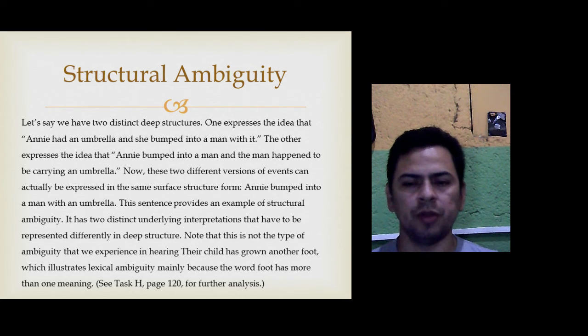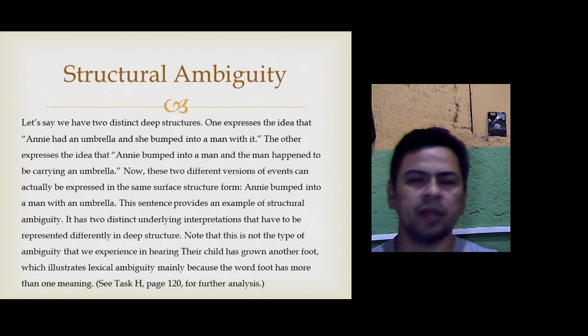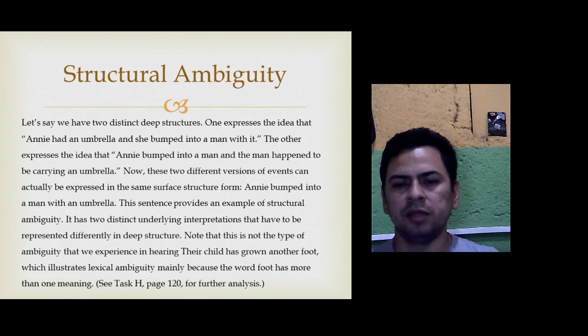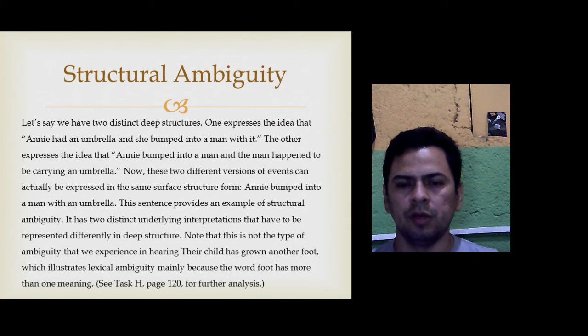Now, these two different versions of events can actually be expressed in the same surface structure: Annie bumped into the man with an umbrella. This sentence provides an example of structural ambiguity. It has two distinct underlying interpretations that have to be represented differently in its structure.